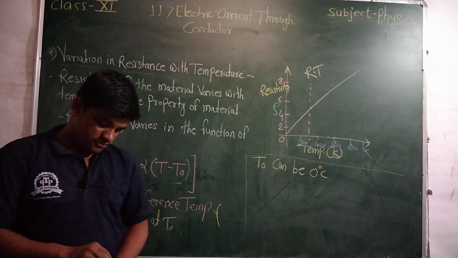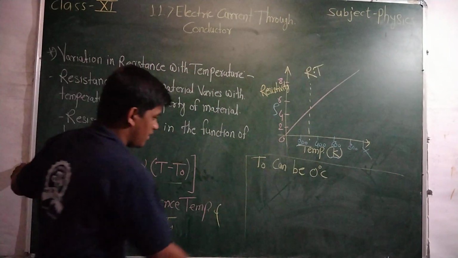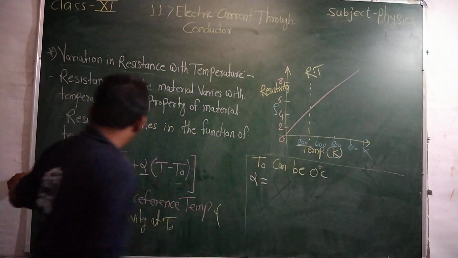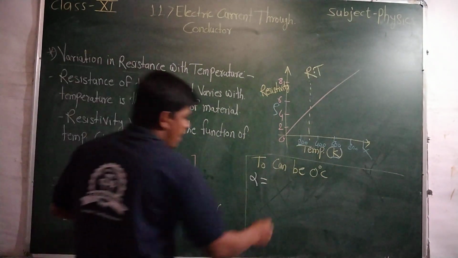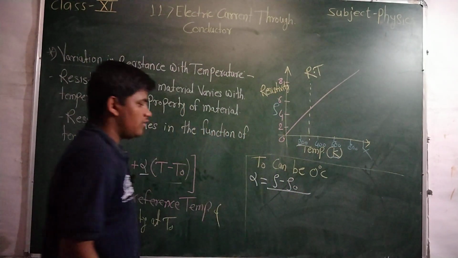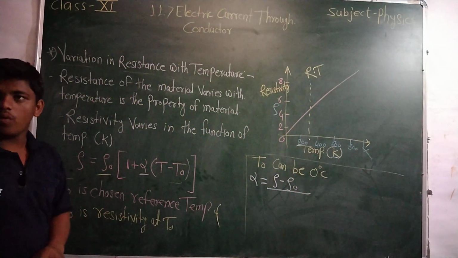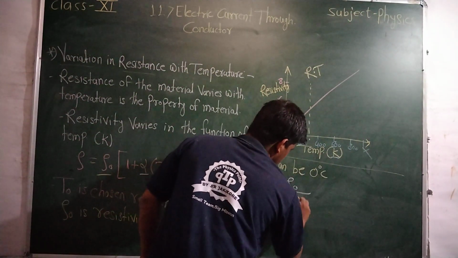Then alpha is equal to rho minus rho 0 divided by rho 0 into T minus T0.